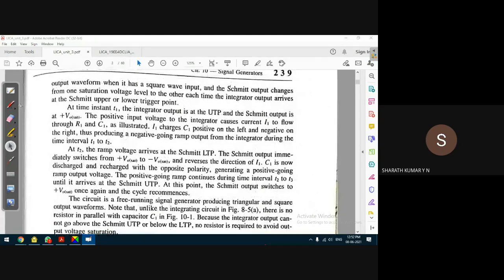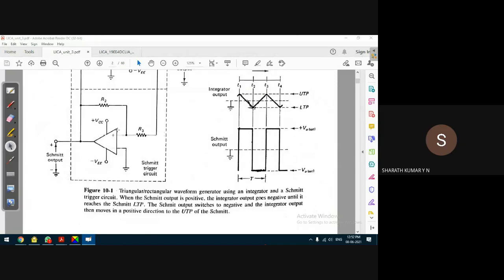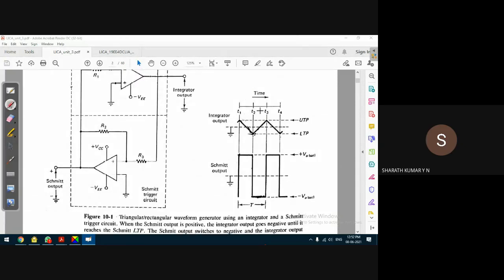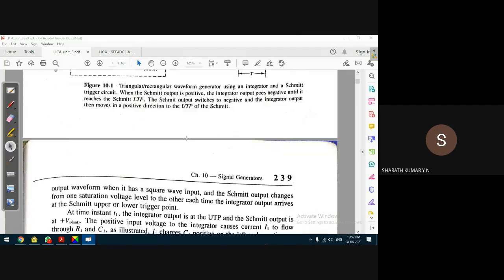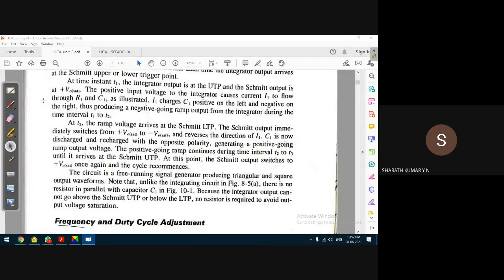Okay, the same thing is explained here. Let us look at this. At time instant t1, that's somewhere here. The author is explaining with respect to these time instants t1, t2, t3, and t4, with respect to which this operation is understood. At time instant t1, the integrator output is at the UTP, the upper triggering point, and the Schmitt-Trigger output is at positive saturation.